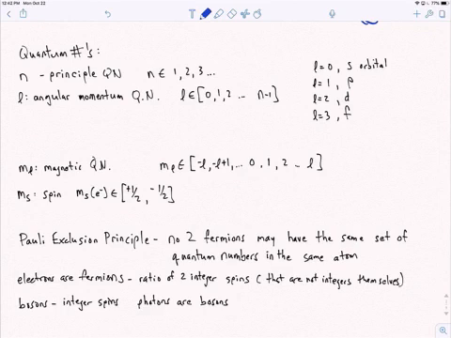For L equals 1, for p, you can have -1, 0, and 1, so there are 3 orbitals. Then with spin plus 1/2 or minus 1/2, that's why there are 6 in the p block. Then L equals 2: -2, -1, 0, 1, 2, that's 5. And then the 2 from the spin, there's 10. That's why there are 10 columns in the d part of the periodic table.